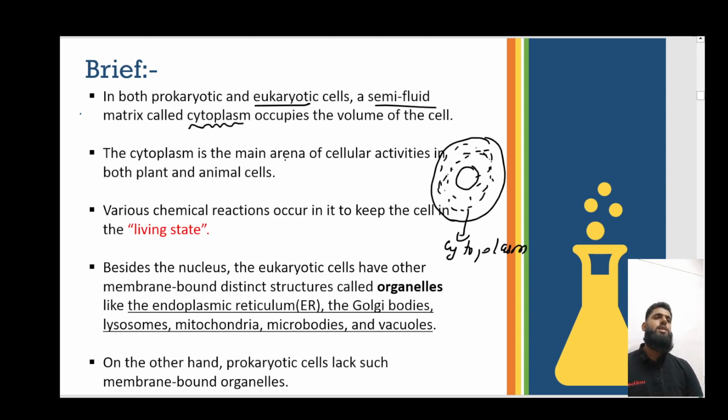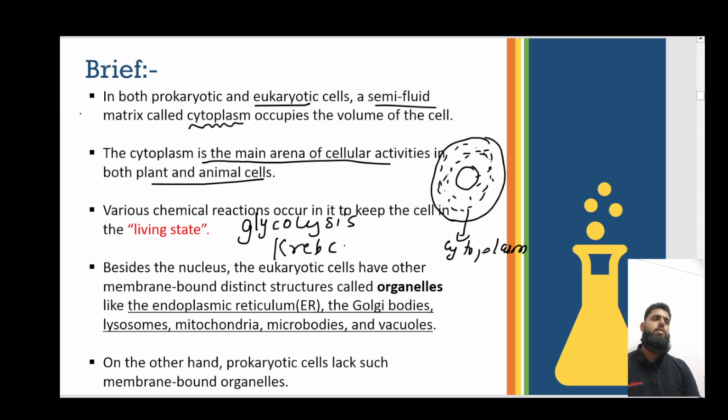The cytoplasm is the main arena of cellular activities. All the metabolic and catabolic processes occur in the cytoplasm in both plants and animals. Various chemical reactions occur in it to keep the cell in a living state. If we talk about glycolysis, Krebs cycle, glycolysis occurs in the cytoplasm.